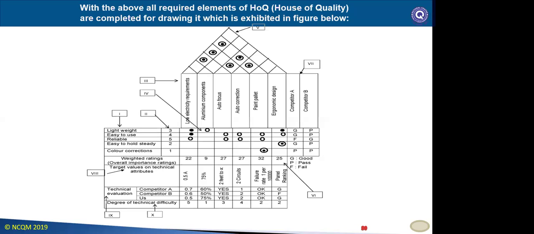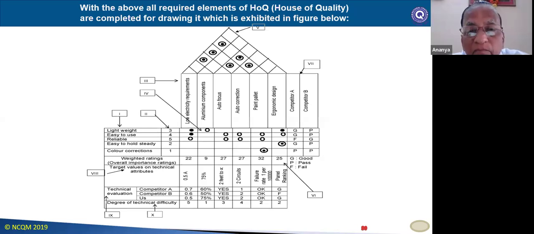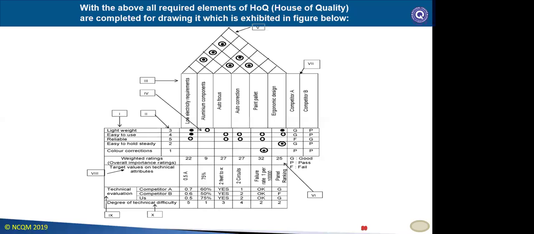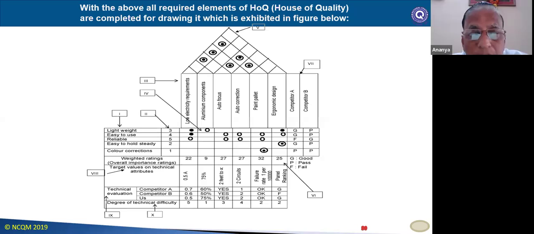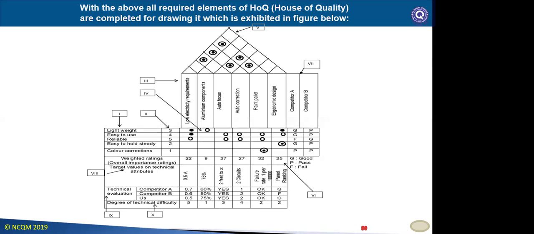Good. Then go to serial number 5, which is indicated at the top, the roof, where we are talking about whether there is an interrelationship between how you are going to meet the requirements. So if you look at low electricity requirement and go in the right-hand direction, when you come down to the first square, you come to aluminum components, isn't it?